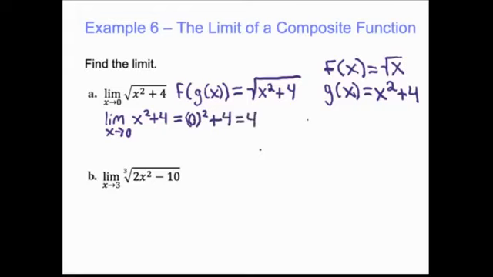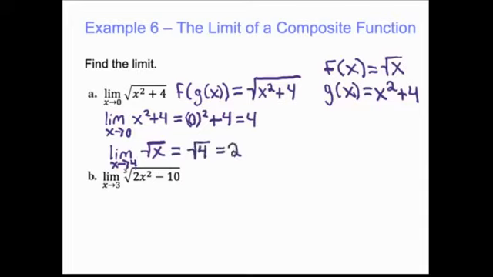And then we're going to find the limit as x approaches 4 of the square root of x, of f of x. By direct substitution, that equals the square root of 4, which equals 2.